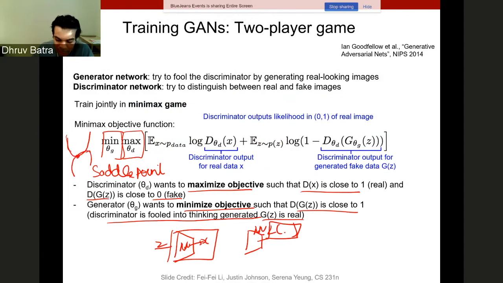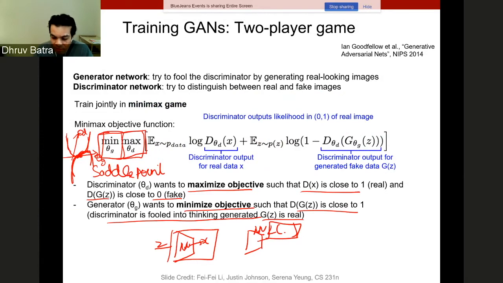So this is a really bad 2D rendition of a 3D figure, but you can imagine that this is the dimension where theta g is varying, and there is a third dimension where theta d is varying, and in that third dimension you have a local maximum point. By design we are looking for a point that is neither a local minimum nor a local maximum in theta d and theta g, and these tend to be difficult optimization problems.